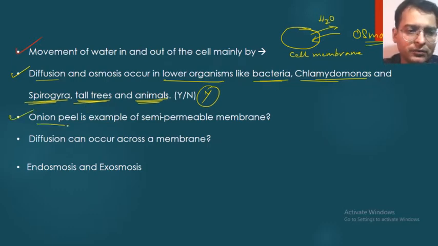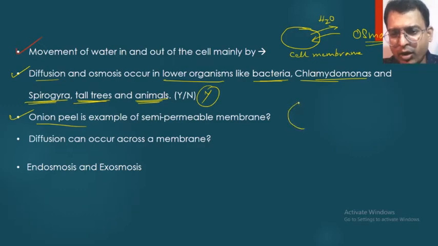Onion peel is an example of a semi-permeable membrane. You must have observed that in the onion peel, if you very delicately try to remember, if you remove it, you will get a transparent kind of membrane out of that.